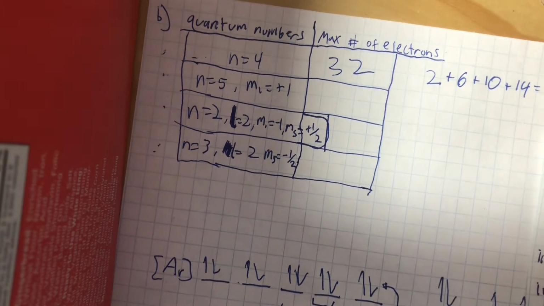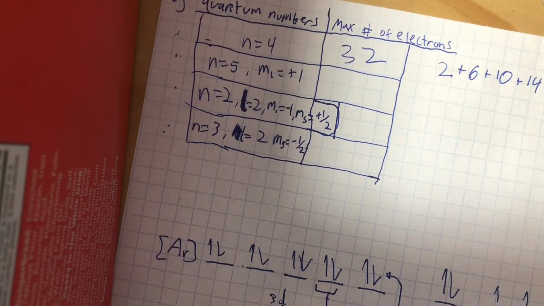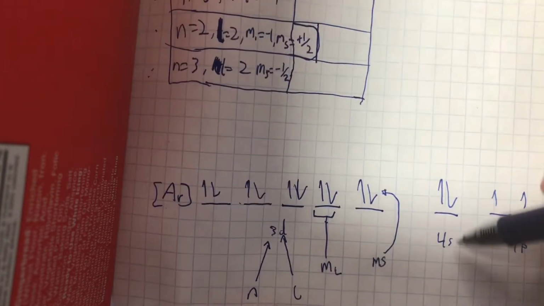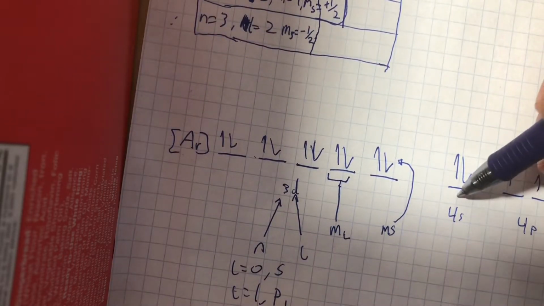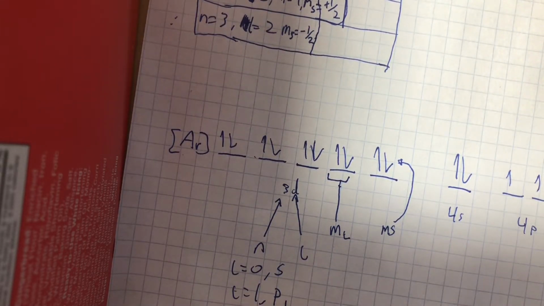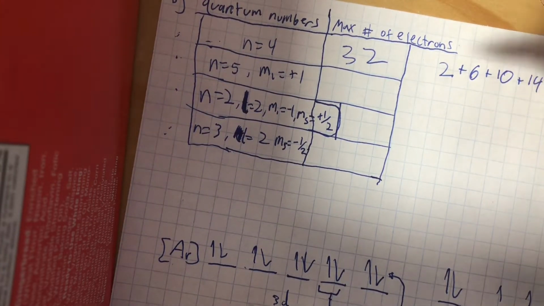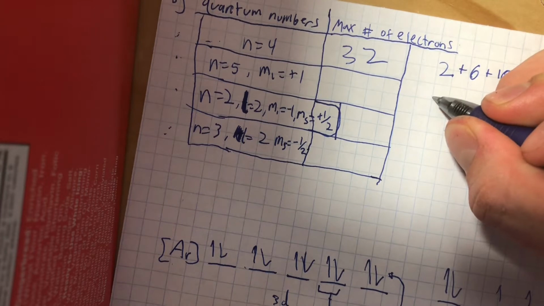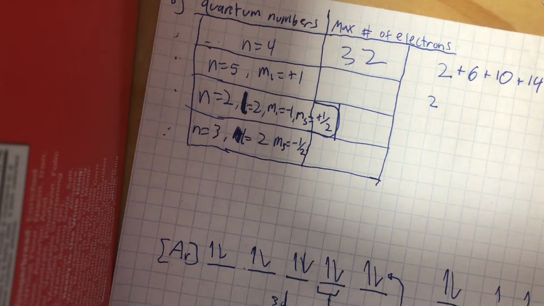Okay. Then N equals 5, ML equals plus 1. So if N equals 5 and ML equals plus 1, we can disregard the 5S subshell, because those always have ML values of 0, because there's just one orbital in the middle notated as 0. So there can be 2 electrons in the 5D that have an ML of plus 1.